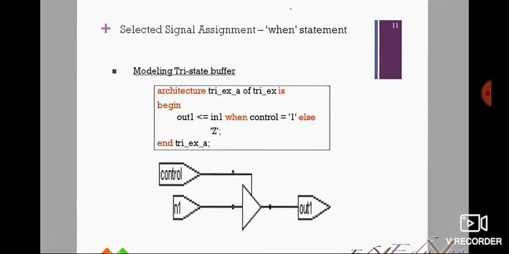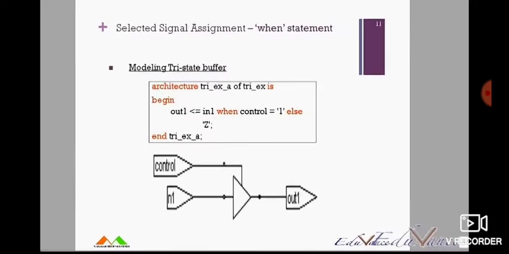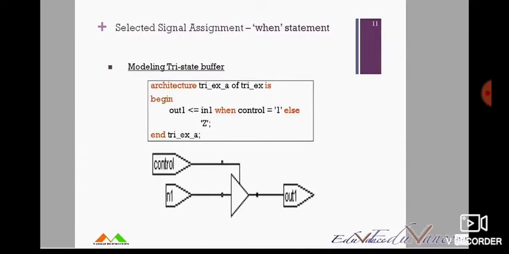Let's look at another example. Say I want to model a tri-state buffer. A tri-state buffer basically has 3 states. If my control is 1, then my output is equal to input.